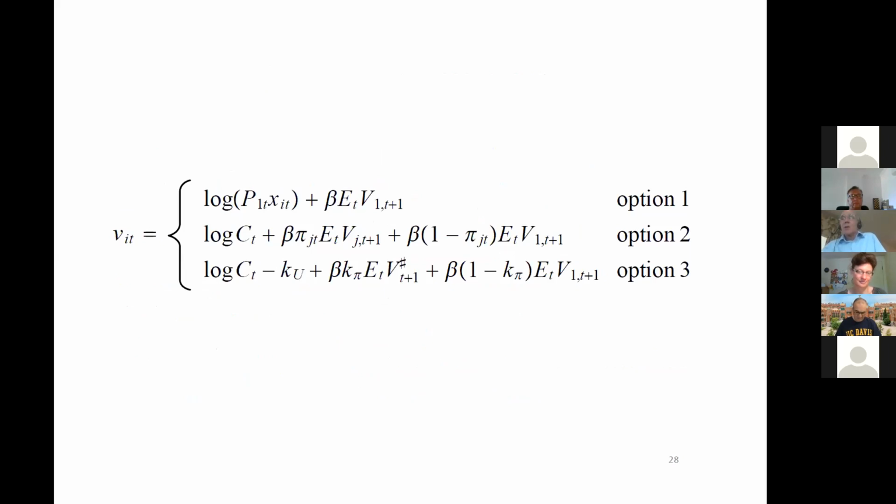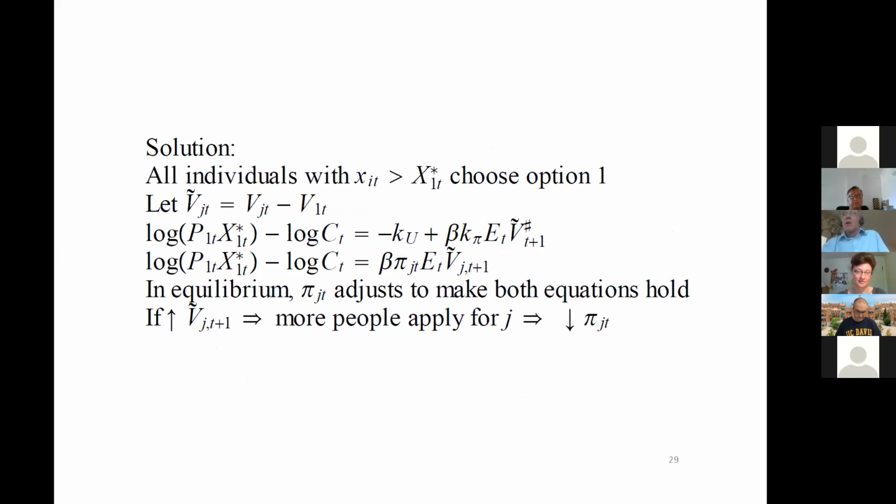And the equilibrium is going to be characterized by a level of productivity x1t star, such that everybody with productivity above that produces the good one. Everybody with productivity below that either tries to create a new good or join an existing team.